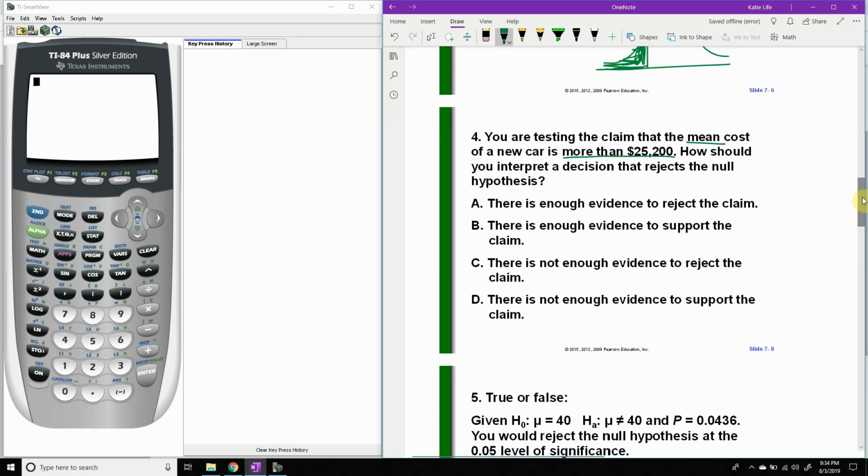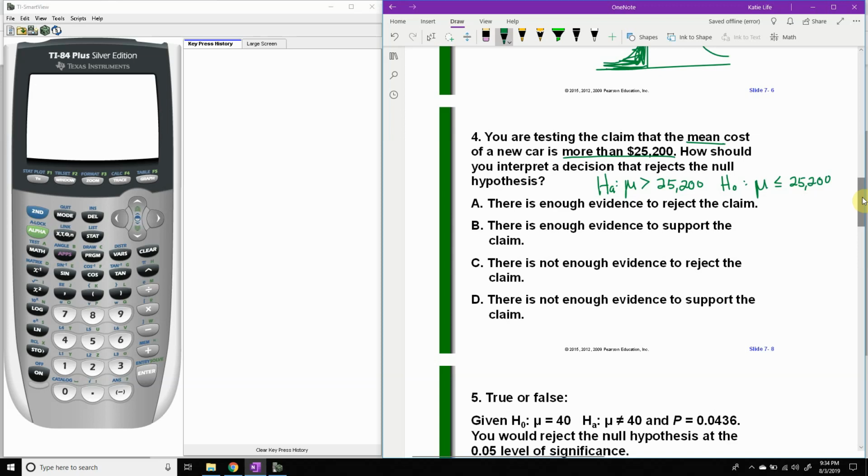So that statement would look something like mu is strictly greater than $25,200. So that would be the alternative hypothesis, because that is a statement of strict inequality, which means that the null hypothesis would be something like the mean is less than or equal to $25,200. Okay, now the question is asking us, how should you interpret a decision that rejects the null?